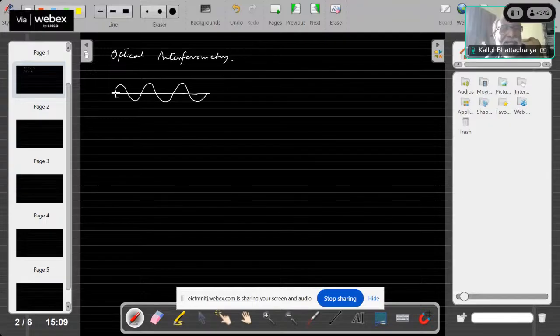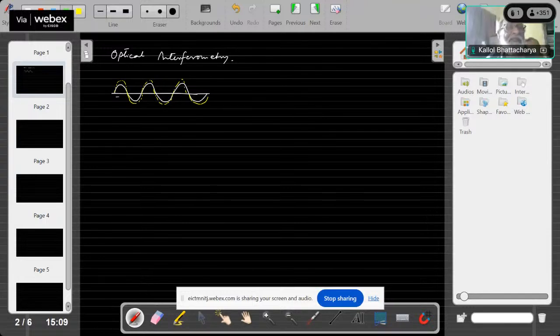Now, if we overlap these two waves, for example, if these two waves are exactly in phase, the second wave may be something like this. Okay, and if we make them overlap, then the resultant amplitude is simply the algebraic sum of their individual amplitudes.